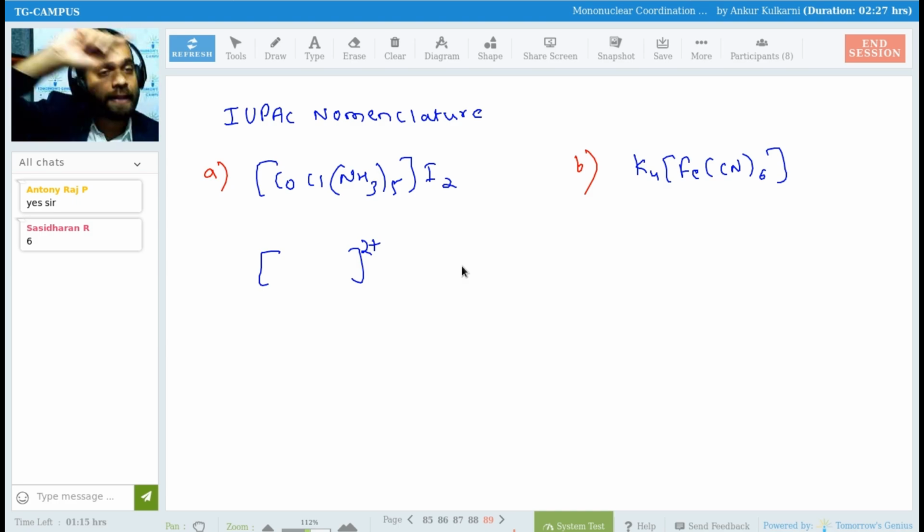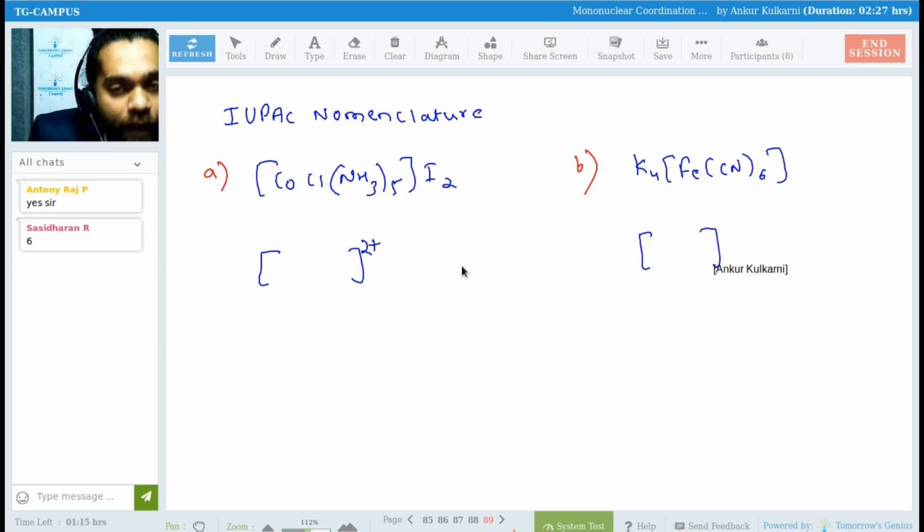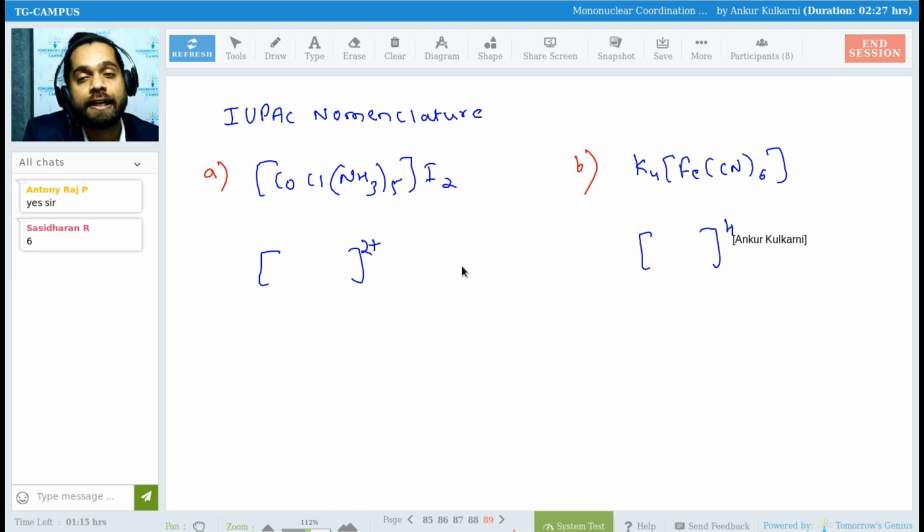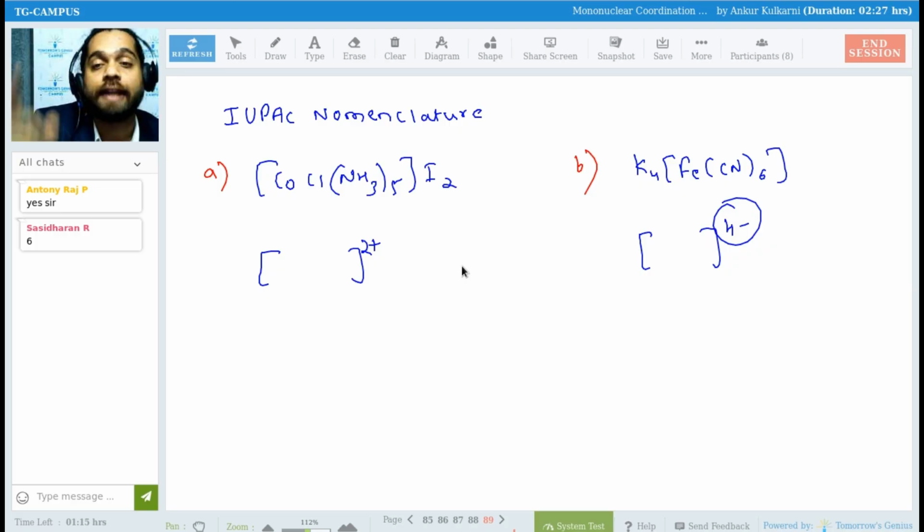And over there, if I dissociate, my coordination sphere gets a negative charge. Over here positive sphere, over here negative sphere. So the rules are different for the positive coordination sphere and for the negative coordination sphere. Although there is not much difference, yes, there is a difference.